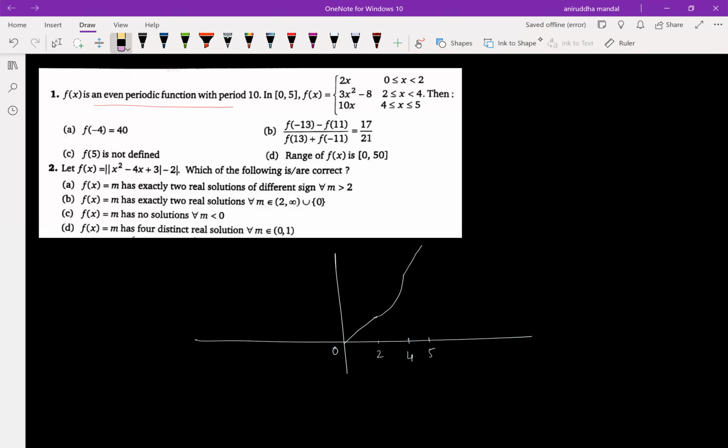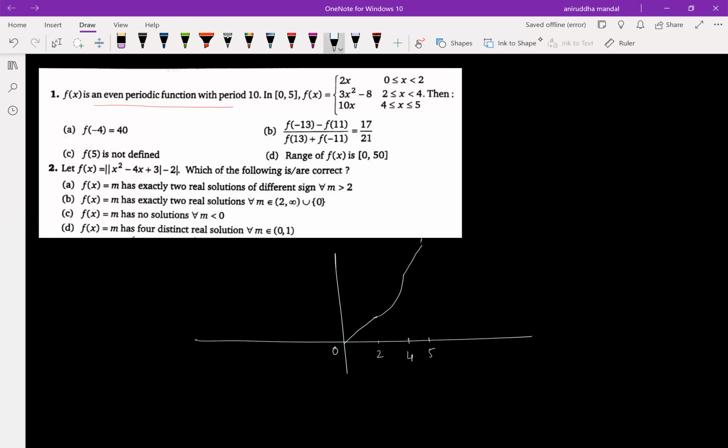Now, as this is an even periodic function, it repeats itself within this period, and the graph is symmetric along the line y equal to 5.